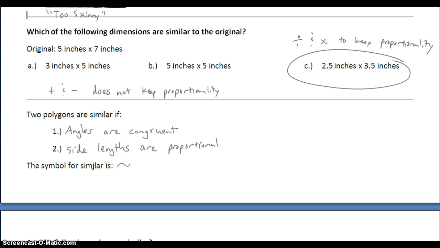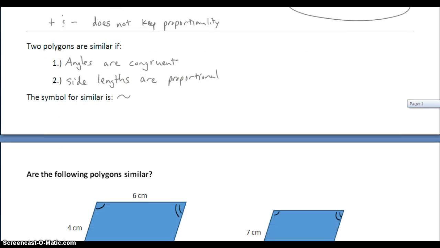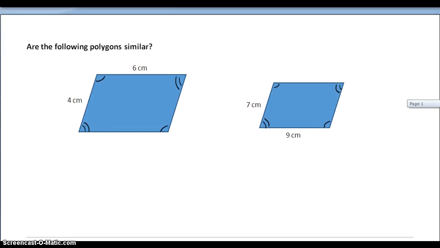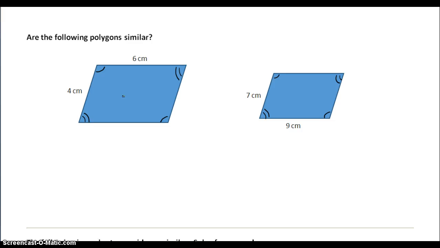Let's look at some examples. Are the following polygons similar to each other? Well, number 1, are the angles congruent? In this case, congruent, congruent, congruent, congruent. Yes, the angles are congruent. The second step, I need to make sure that my sides are proportional.